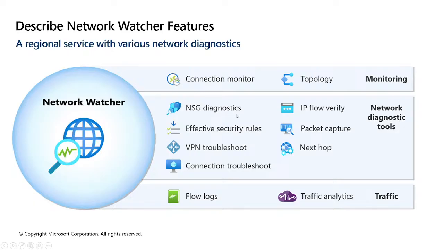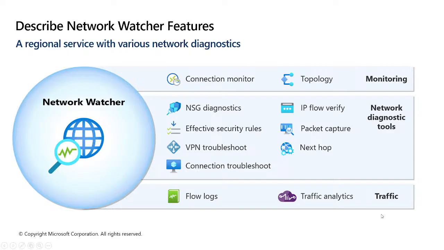You want to see the way the IP flow actually works. NSG diagnosis. When you create an NSG, you know it's going to allow or deny, and you want to check the NSG to show that it's actually working properly. So you can leverage these effective security rules also. When you're creating an NSG rule and you want to be sure that it's actually going to be effective based on what you have in mind, then you can do that.